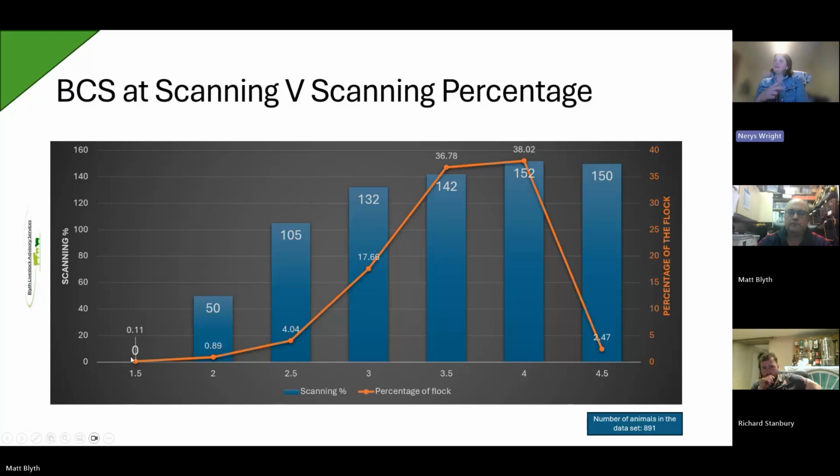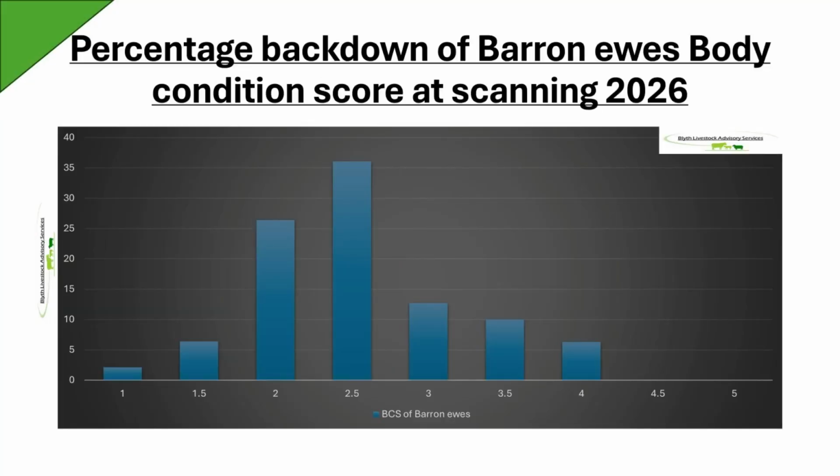So are they from the groups that are barren or the thins that you condition scored, Richard? Yeah, so the barrenness is what drops these figures down massively. So we are seeing an impact of condition score. Out of the barreners, that's where the 2s and 2.5s were.